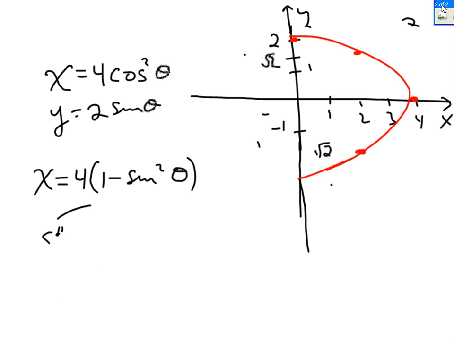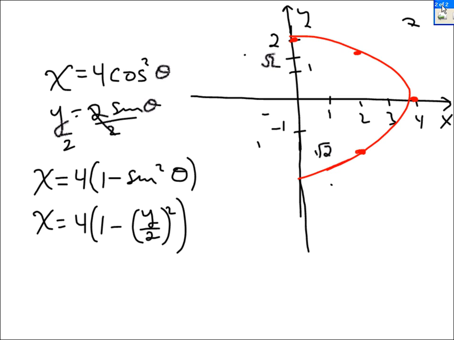And with the simple division of the second equation, I could have a new way of writing sine. If I divide both sides by 2, I get y over 2 is sine theta. So x is equal to 4 times 1 minus sine theta squared.